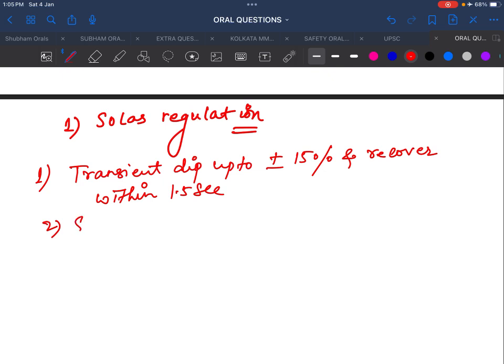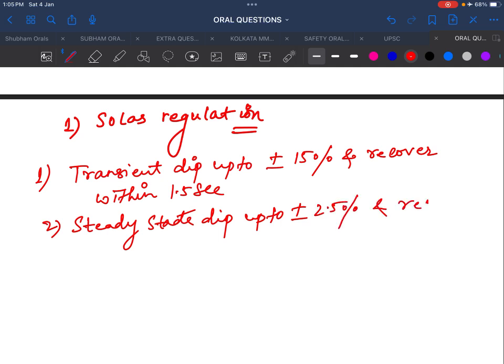Second is the steady state dip: up to plus or minus 2.5% and recover within 1.5 seconds.